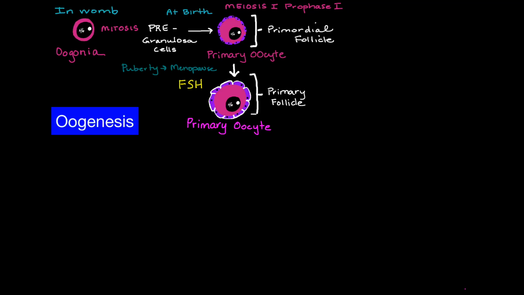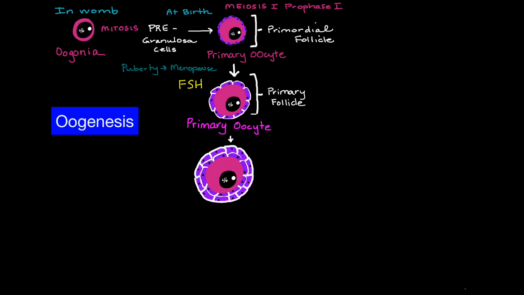So this stage does not begin until a female reaches puberty. Okay, next. Because we have levels of this follicle stimulating hormone running through the body, this primary follicle continues to grow.